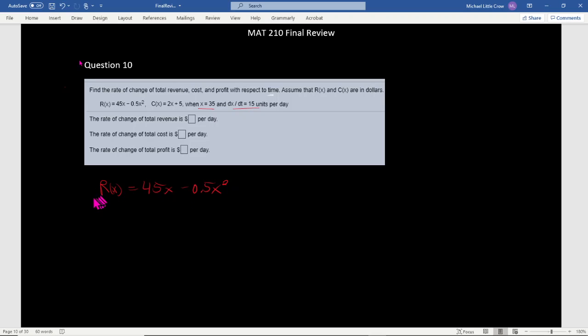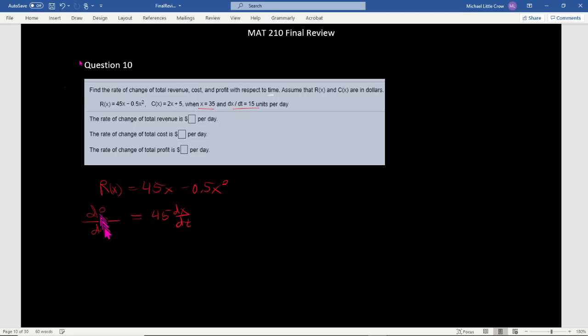But when we do that, we use our implicit derivative. So we get dR/dt on this side. The derivative of 45x is 45 dx/dt.